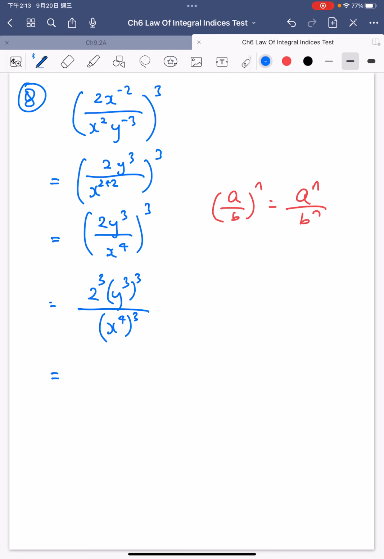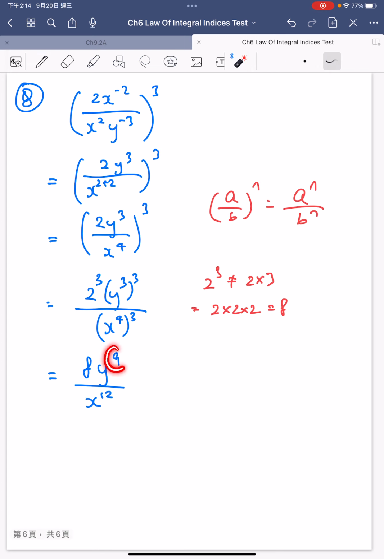Then we simplify to get 2 to the power of 3. 2 to the power of 3 is not equal to 2 times 3, but it's actually equal to 2 times itself, 3 times, which is equal to 8. Then we have 8y to the power of 9 divided by x to the power of 12. So this 9 is coming from this 3 times the 3. As I said before, a power of a power can just multiply the powers together. And this 12 is coming from this 4 times 3. All right, so next page, we will move into our question 9.